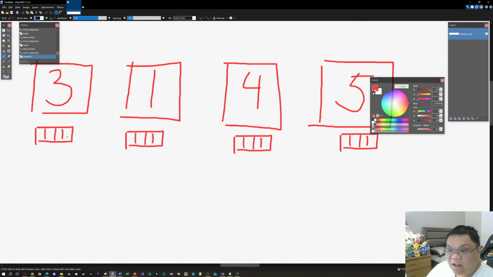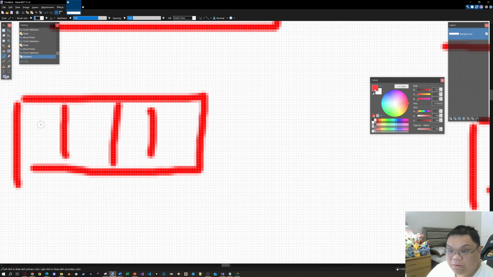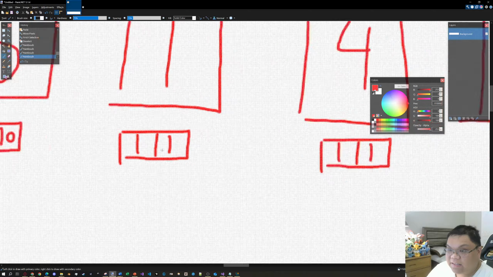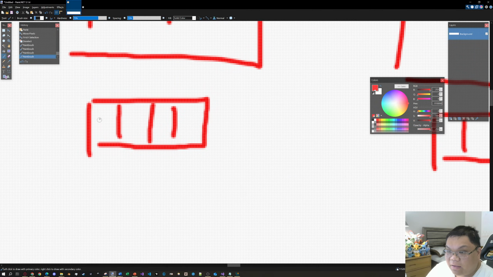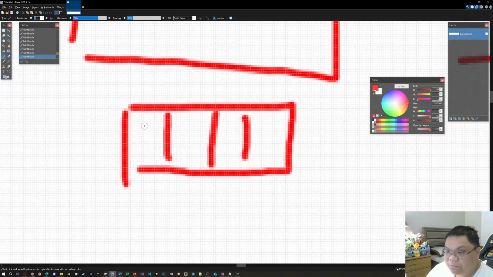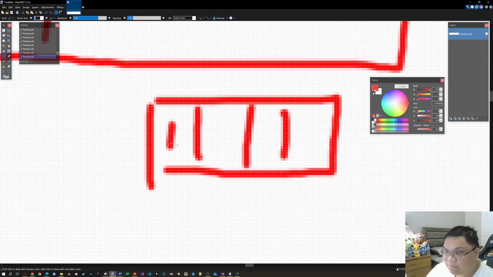So initially all of these reference bits are 0, but the highest order one will be 1 if it's referenced, and all the other ones will be 0. Let's say that we reference page 3, we don't reference page 1, we do reference page 4, and we do reference page 5.